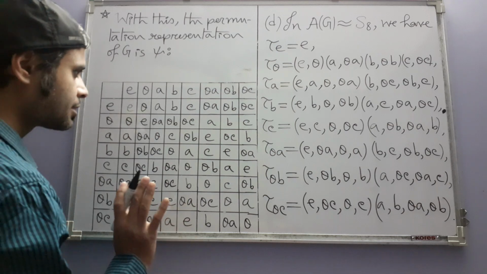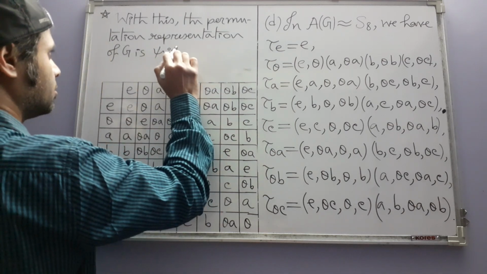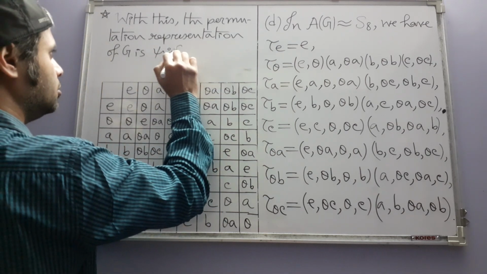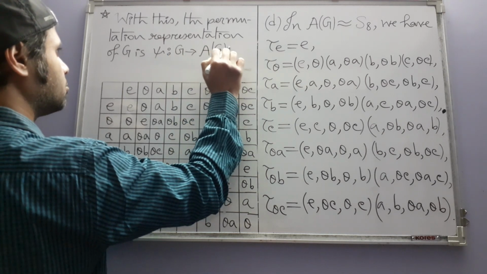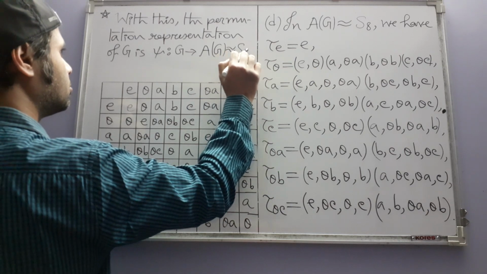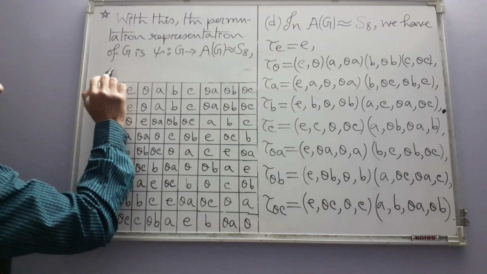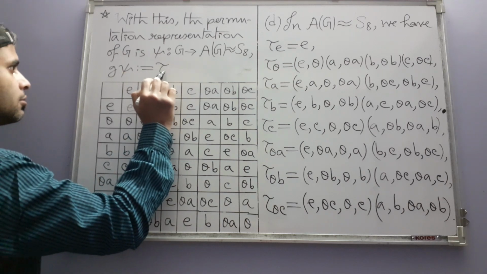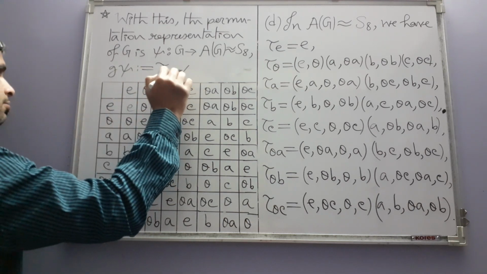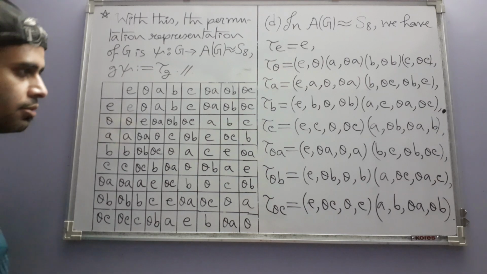Here we don't have any psi already. From G into A of G, which is isomorphic to S8, and of course our psi has this definition, and that is the solution.